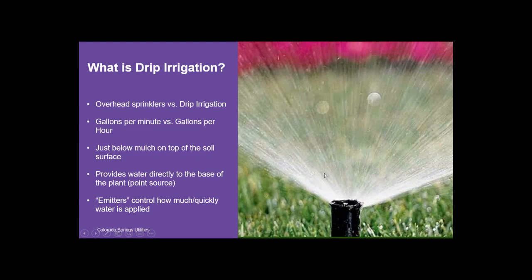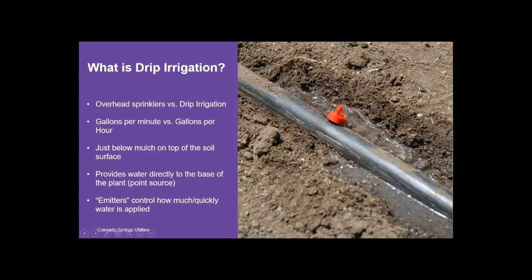The picture on the right over here is our traditional overhead sprinklers, and this here is drip irrigation. For traditional overhead sprinklers, the precipitation rate, or the water output, is measured in gallons per minute. Drip irrigation is measured in gallons per hour, so that's an indication of a lower volume of water being distributed.